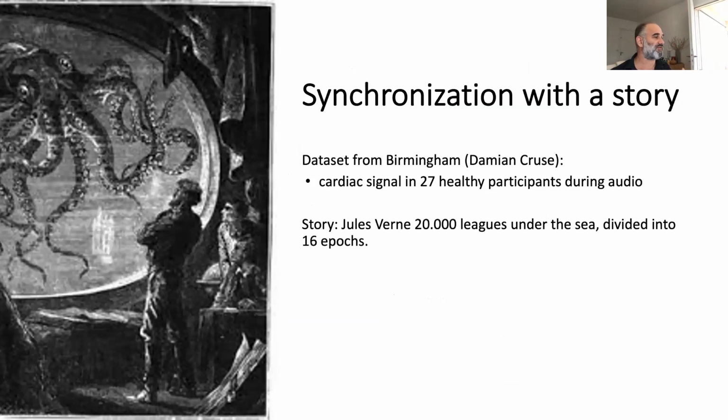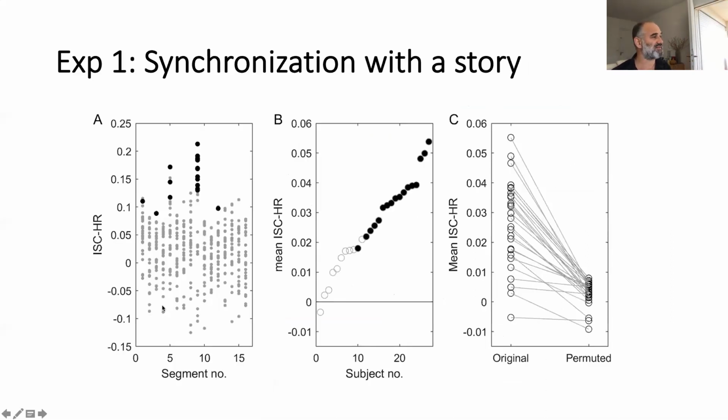The first experiment is simply subjects listening to a story. It's 20,000 Leagues Under the Sea, Jules Verne's novel. These are 16 epochs of 1 minute, so basically 60 minutes of recording. What we measure is the inter-subject synchronization of the heart rate for the individuals in each segment. You see that just a few of them are significant when you compare to the permutations.